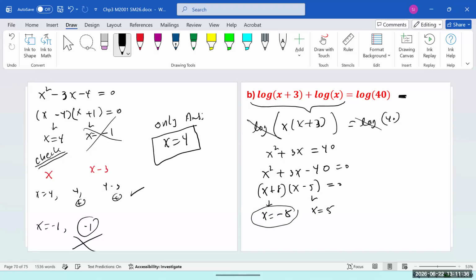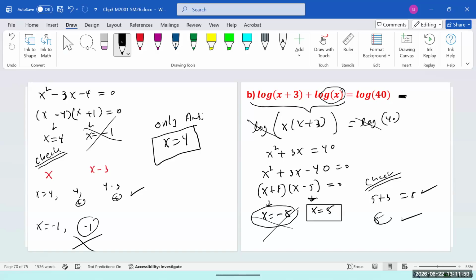Now this negative 8 makes this log negative, so you cannot accept this. And then 5, you still check. We have 5 plus 3, 8, okay. And 5 is also okay. So the only answer we have is x equals 5.